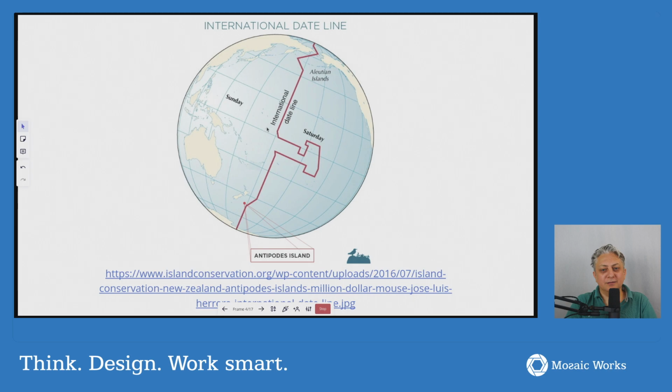If in very close proximity it is Sunday on one island and Saturday on another, this raises a few problems. Because of this, the international dateline looks a bit weird.